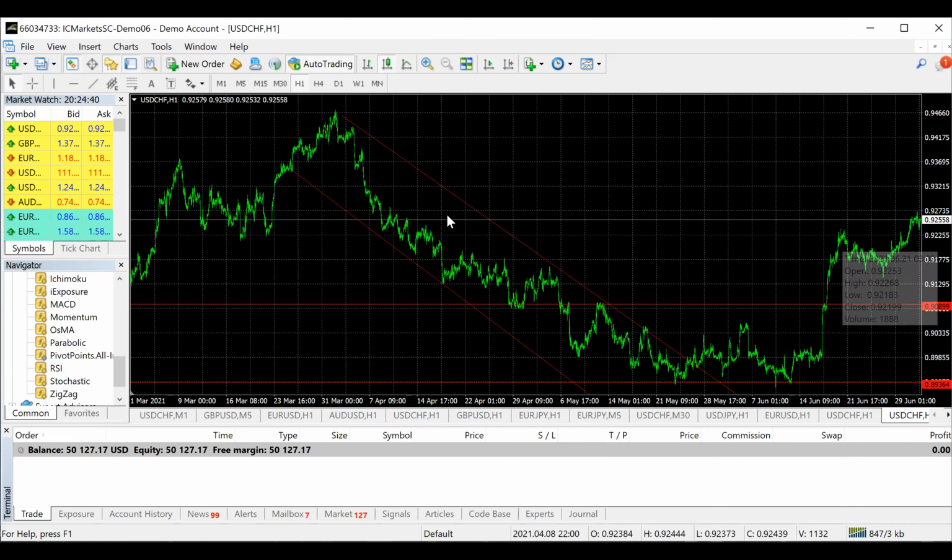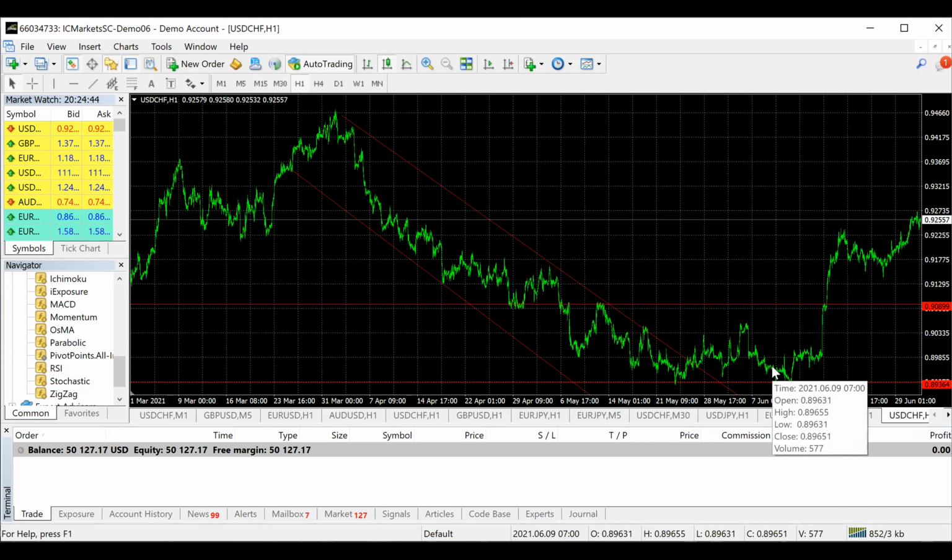You can say a continuation breakout will continue after this consolidation, but a reversal will come back. We change direction of breakout. So that is the difference between continuation breakout and a reversal breakout. So that is it about types of breakout.